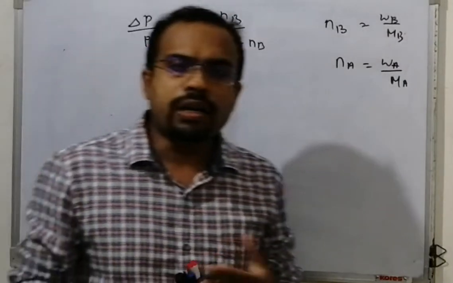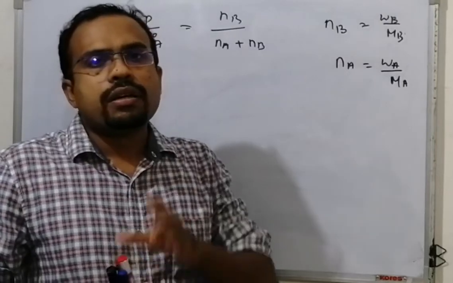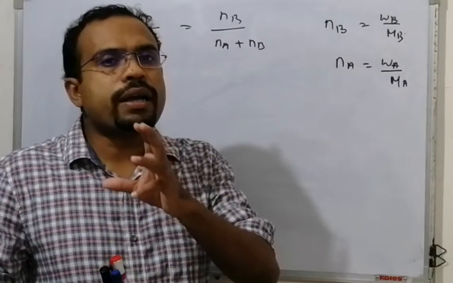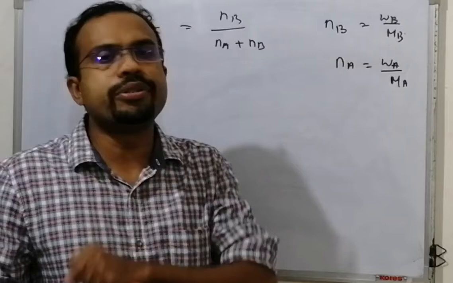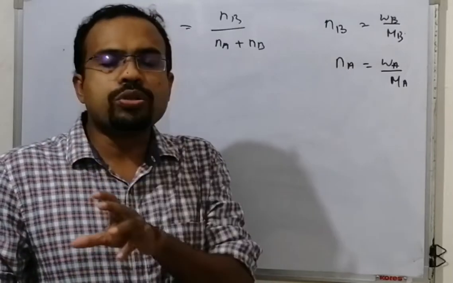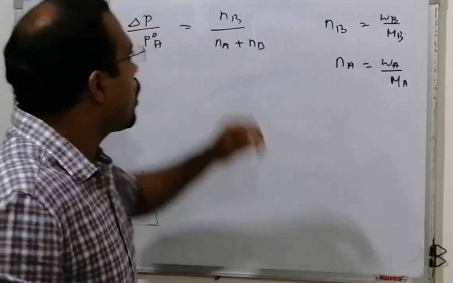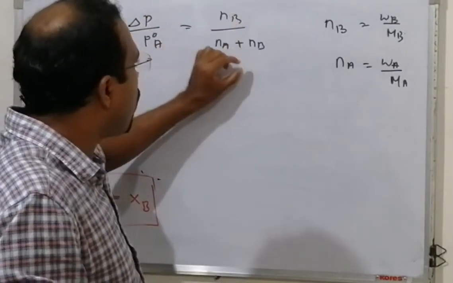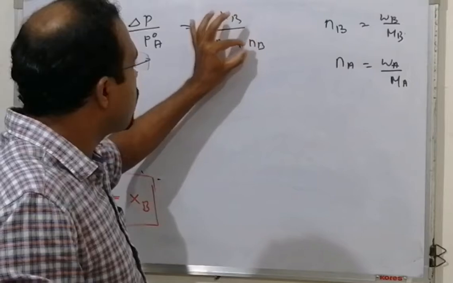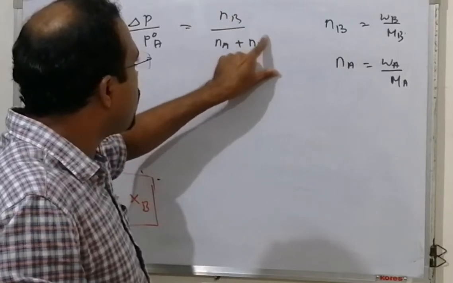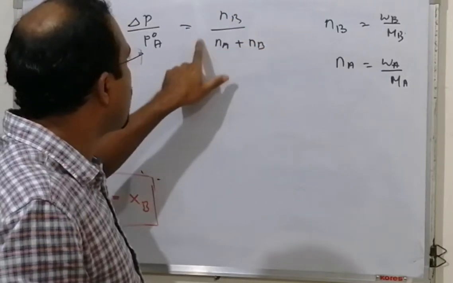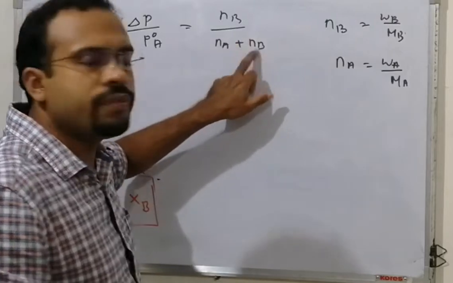We have already stated that colligative properties are shown by ideal solutions or very dilute solutions. A very dilute solution means there is very little solute. Therefore, normally the value of NB is very small. When you compare NB, the number of moles of solute, with the number of moles of solvent, this is very small.